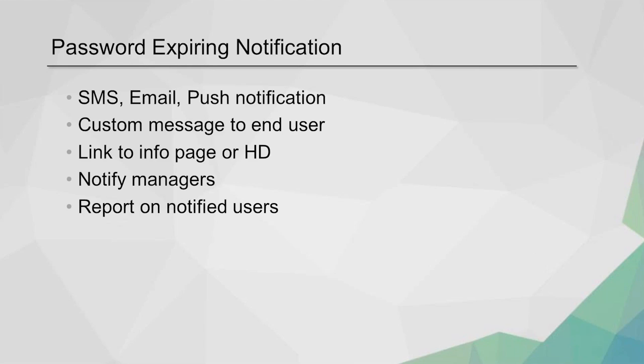Now, if we just look at what Microsoft provides for expiring notification, we have a very limited configuration. Microsoft basically throws up a dialog box saying your password is going to expire in so many days. You, the administrator, through policy, get to define how many days that starts. So with Microsoft, it's very neutral.